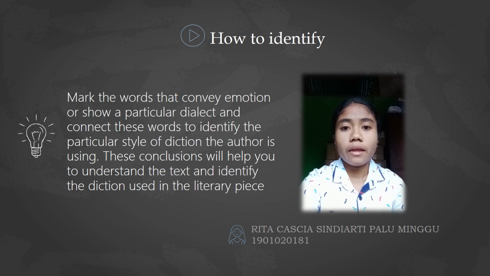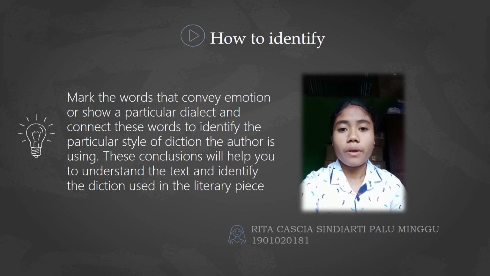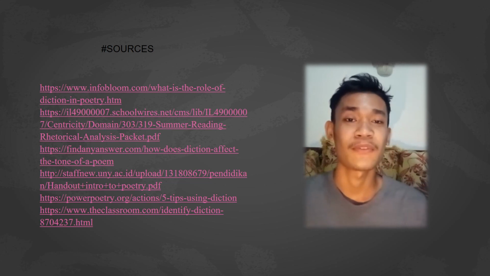Third, determine the capability or quality of the words in helping the poet to be effective. 4. Determine the appropriateness of the words in helping the poet to build the mood and image in poetry. That's all. Thank you.